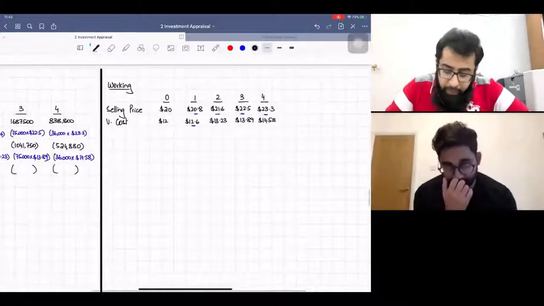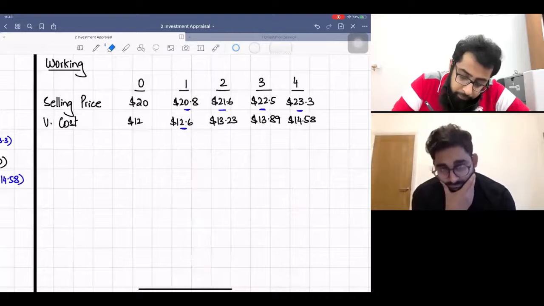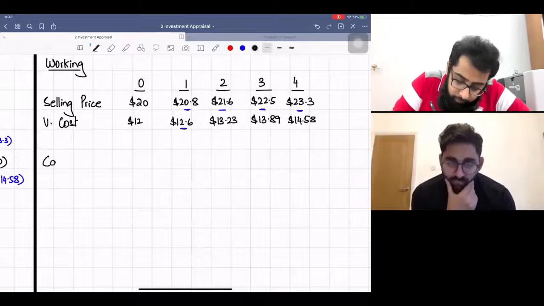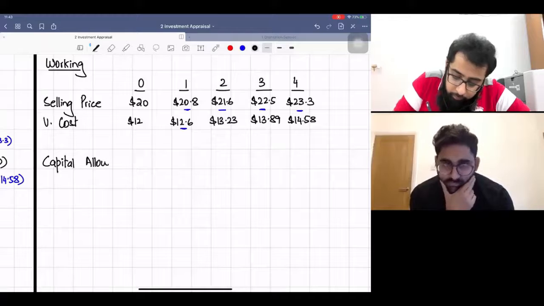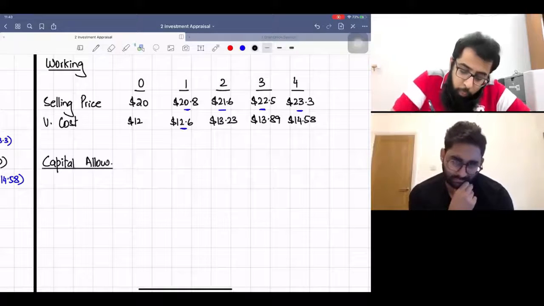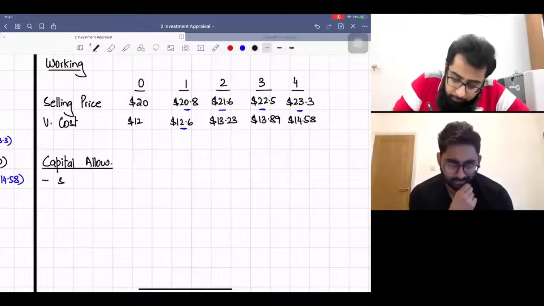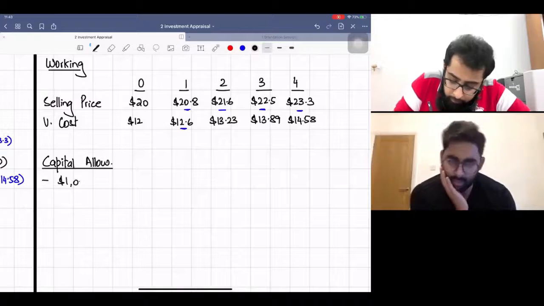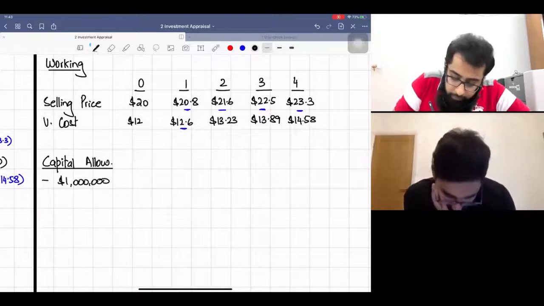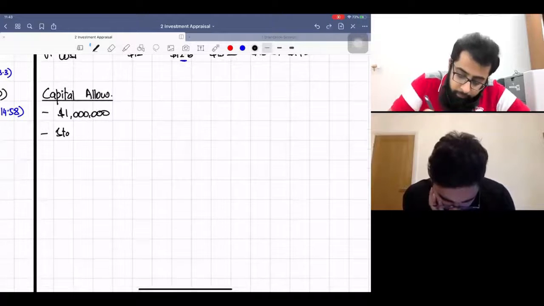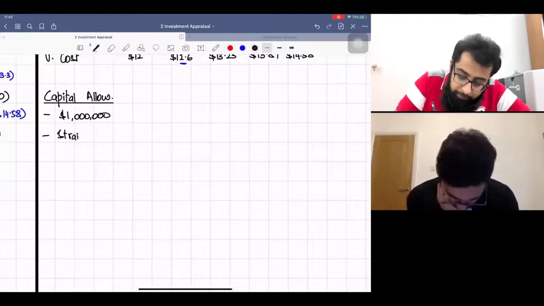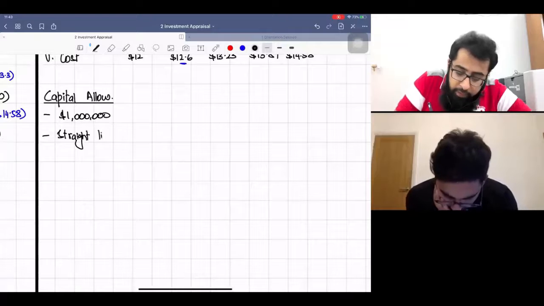So simple capital allowance working. Capital allowances: $1 million, that's the investment, straight line basis over 4 years, and no scrap value.